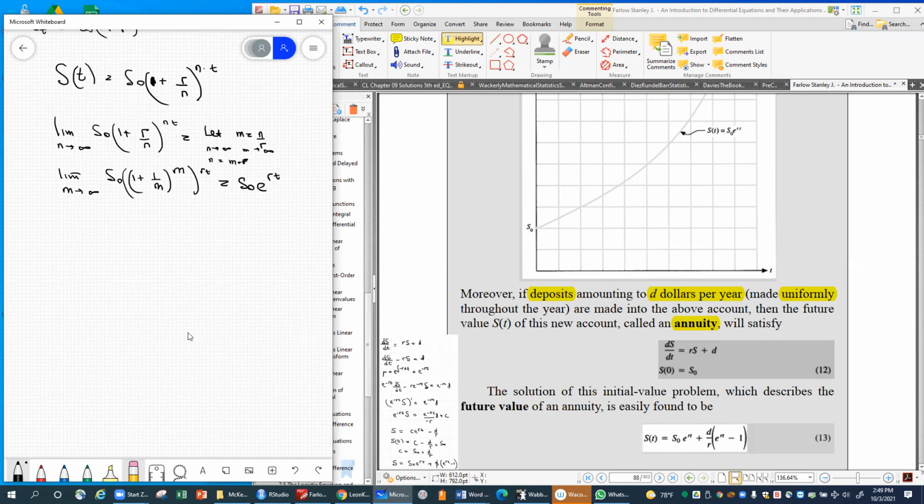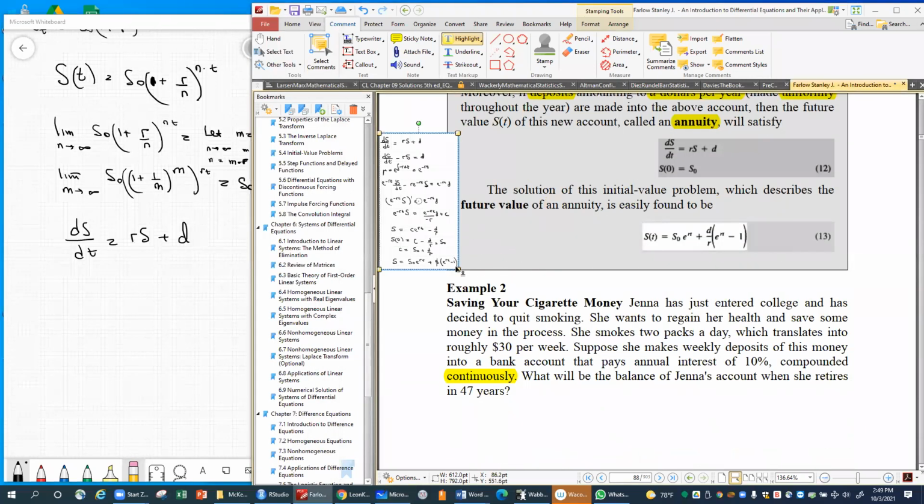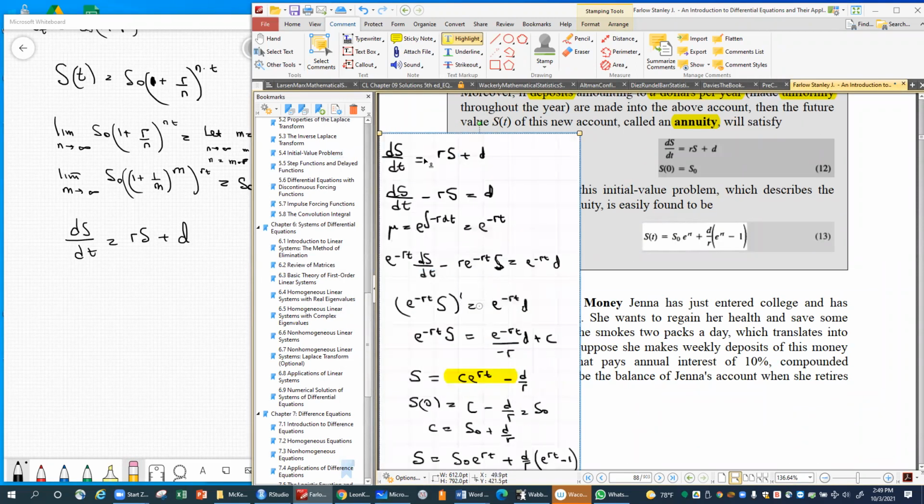So then what you are solving is this equation, ds/dt equals rs plus d. That's an annuity. And this is a linear equation, and here I've gone through the details of solving it. What should we do? We bring rs to the left.